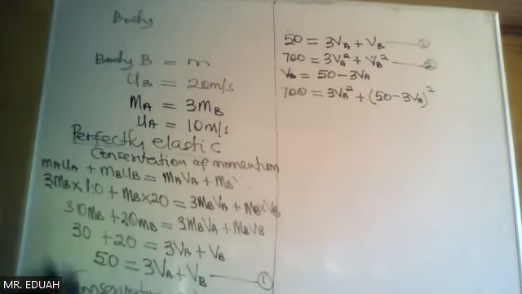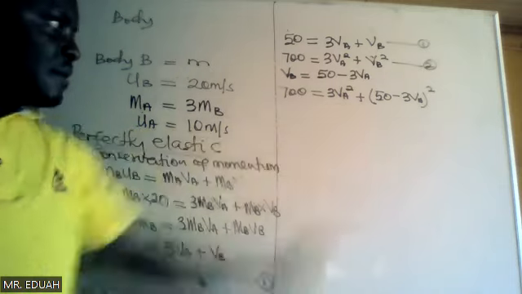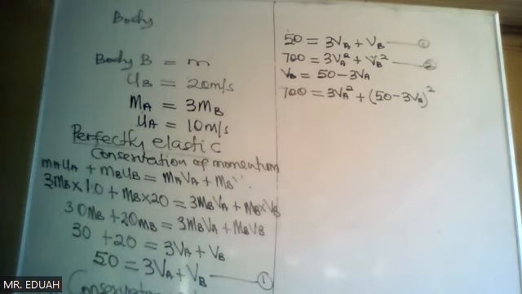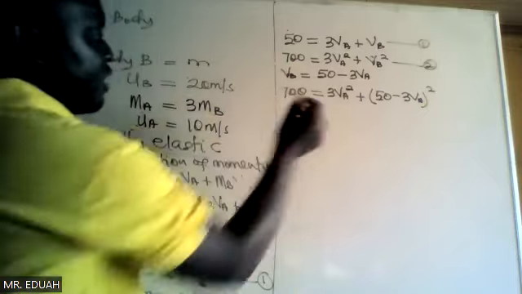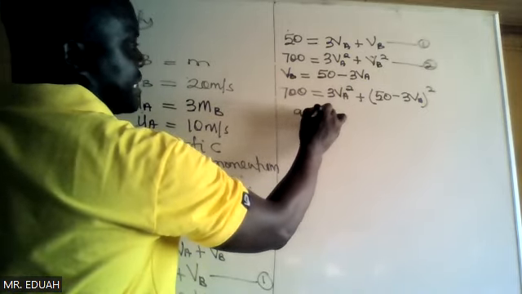Please, are we okay here? Are we okay with the substitution? Yes, please. So the next thing is to expand this. Now, if you have A minus B all squared, how do you expand this?